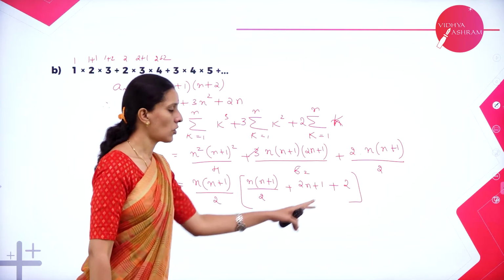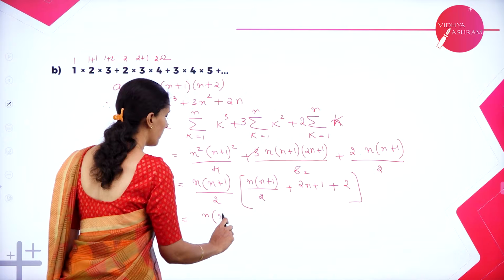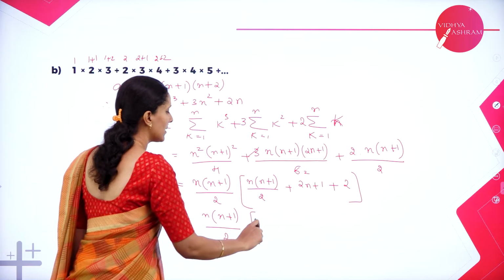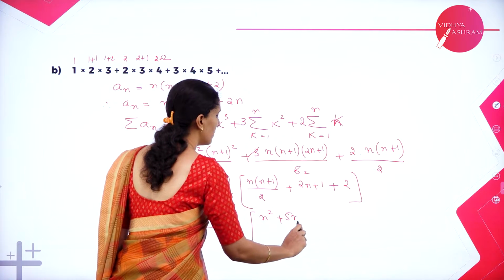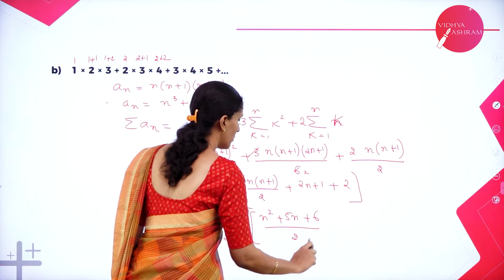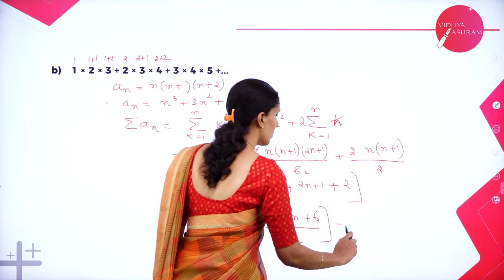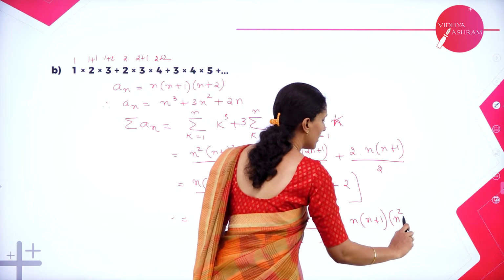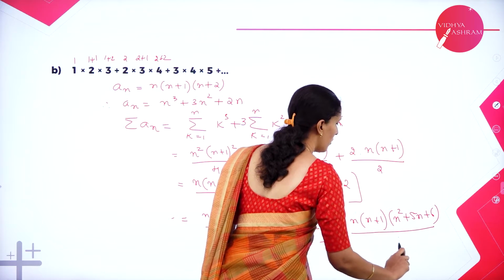So again, on solving, you can take n into n plus 1 divided by 2 into, you will get this as n squared plus 5n plus 6 divided by 2. So multiply 2 here, you will get n into n plus 1, n squared plus 5n plus 6 divided by 4.